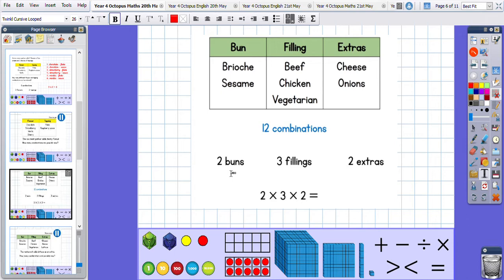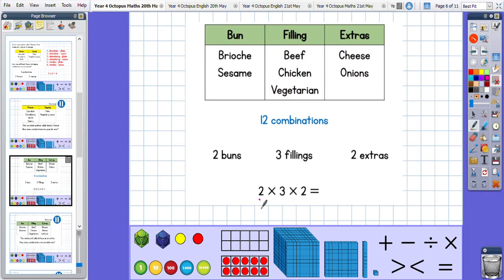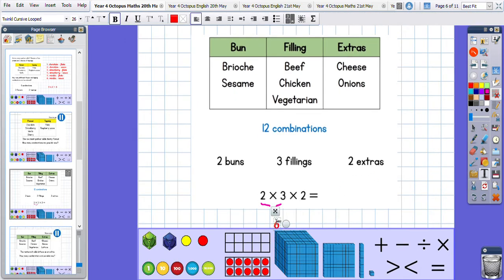So we have 2 times 3 times 2. So remembering that we break this down first. So we'll do this bit first. So 2 times 3 is 6. And then we can times the 6 by the 2 that we have left.